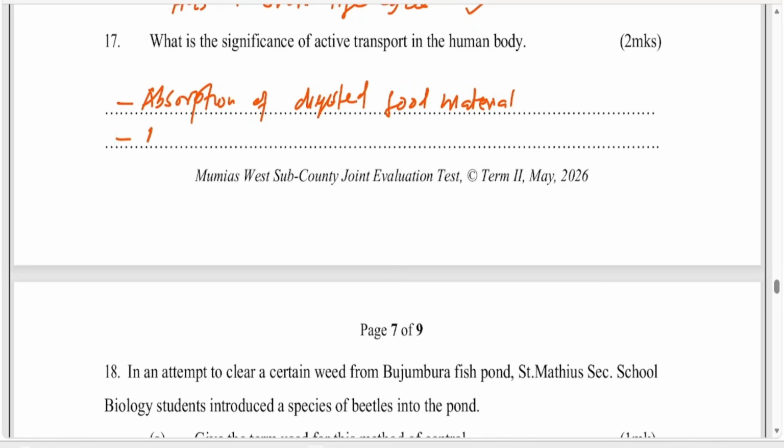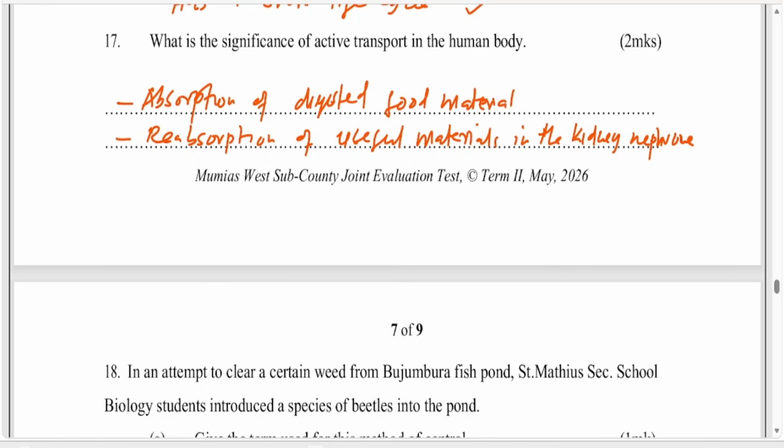You can also talk about the reabsorption of useful materials in the kidney nephron. We can also talk of it helping in the pumping mechanism of sodium ions in the nervous system. Any two of these statements, you get 2 marks.